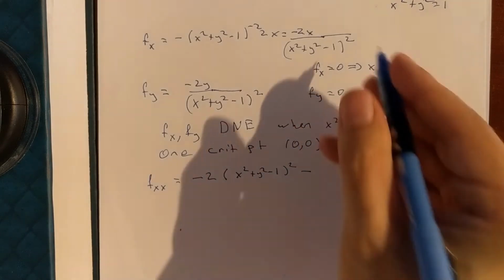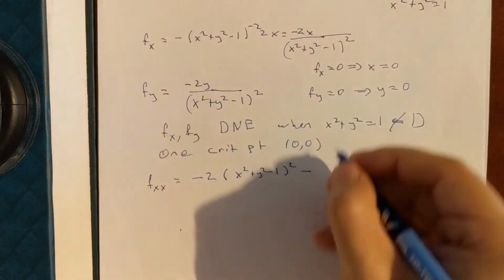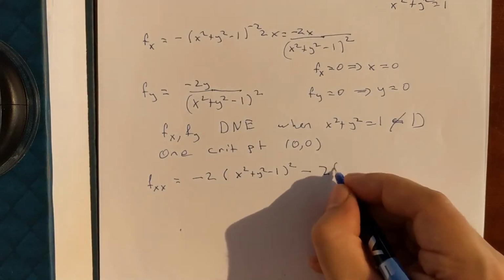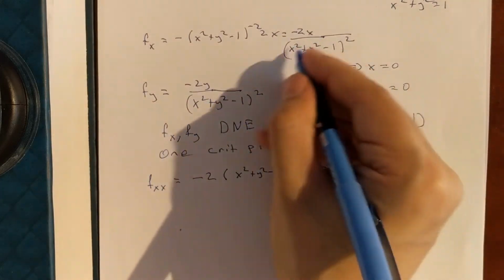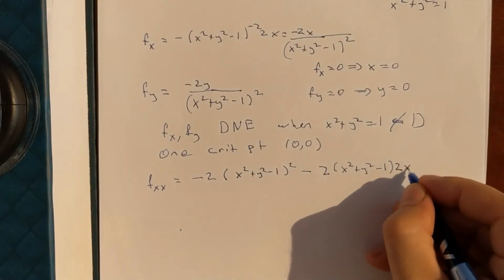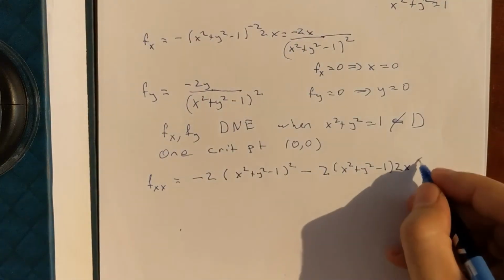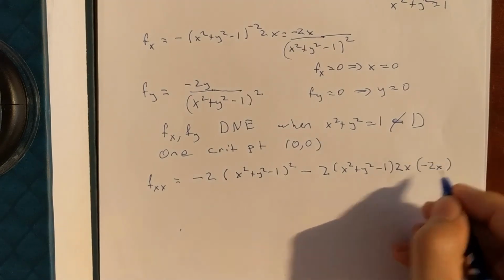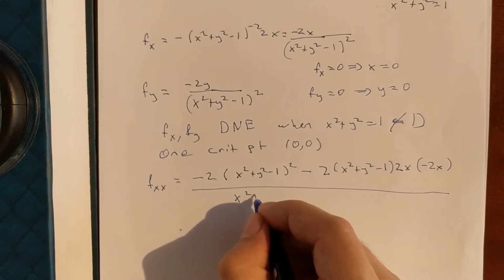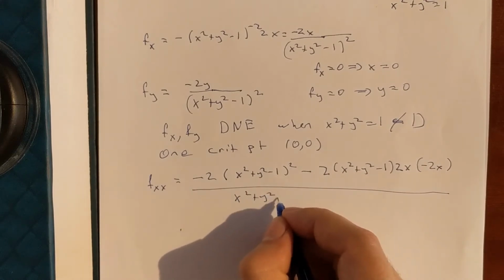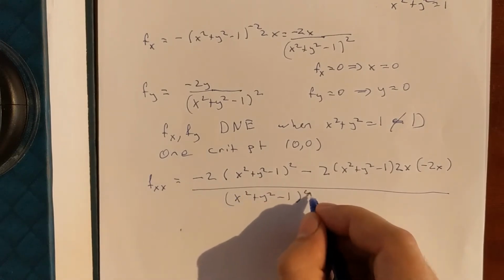Minus the derivative of the bottom: 2 comes in front, times x squared plus y squared minus 1, times the derivative of the inside with respect to x, which is 2x, times the top, minus 2x, all over x squared plus y squared minus 1 to the 4th.